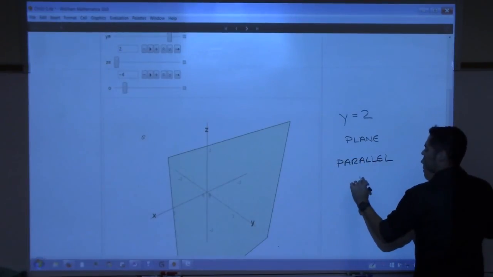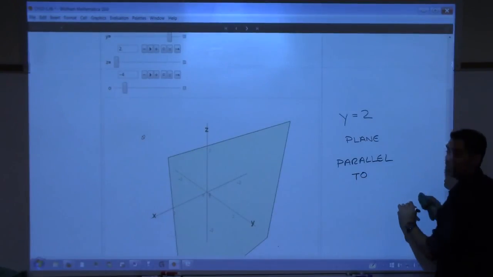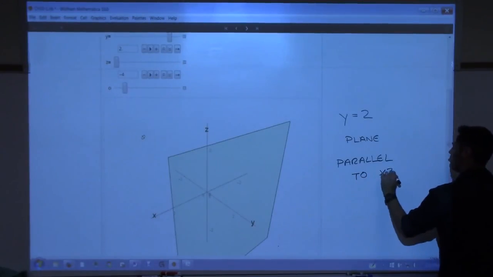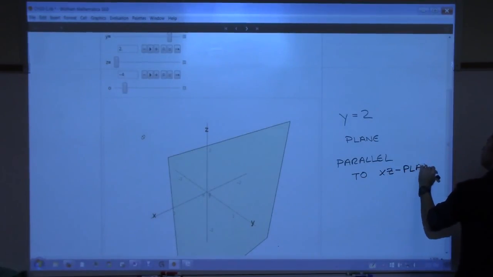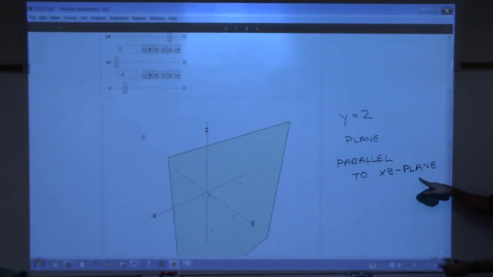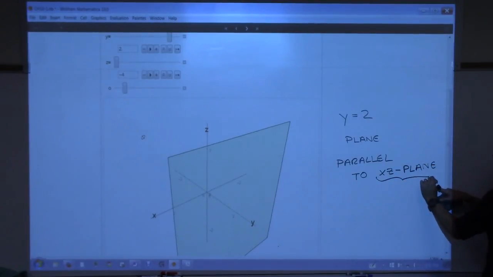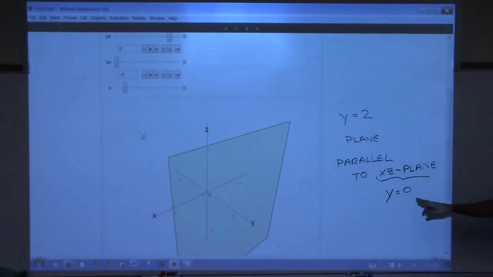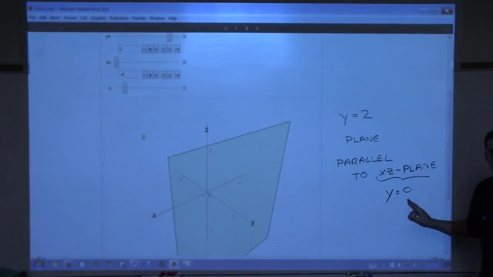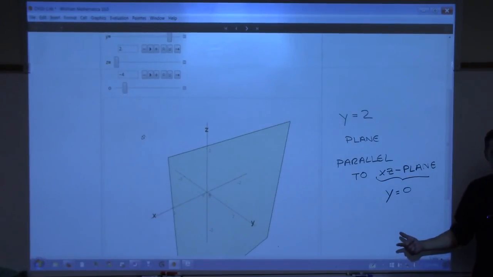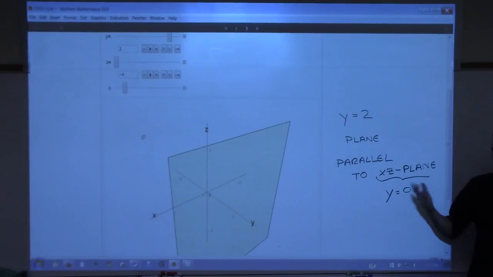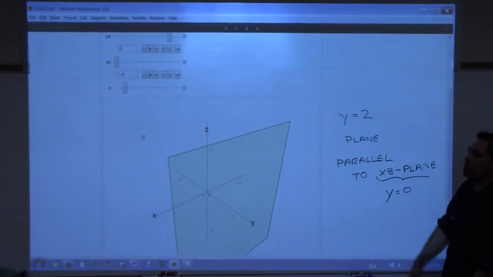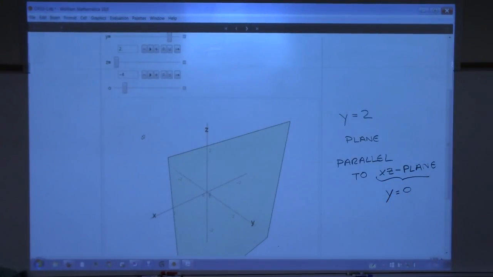What we are calling the xz plane. By the way, what's the equation for the xz plane? y equals 0. Right? y equals 0 draws the xz plane. x equals 0 draws the yz plane. z equals 0 draws the xy plane. So see, there's 3 different coordinate planes that we have. Those are going to be very important to us, all right?